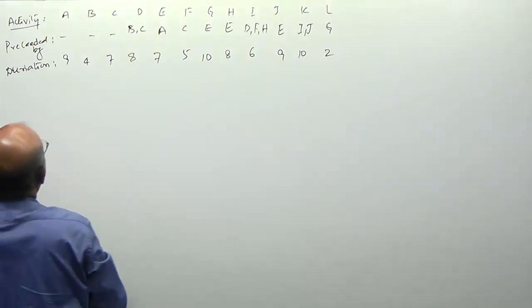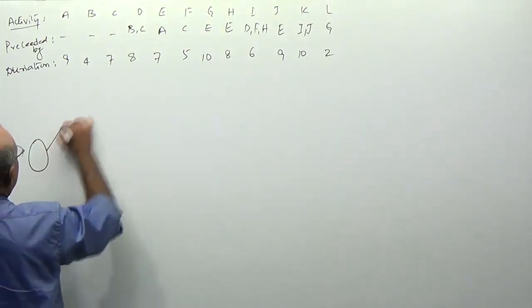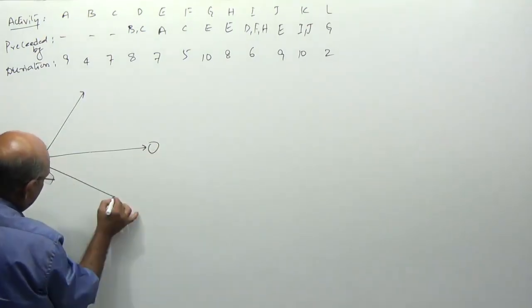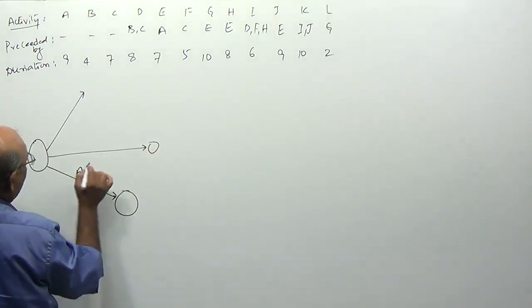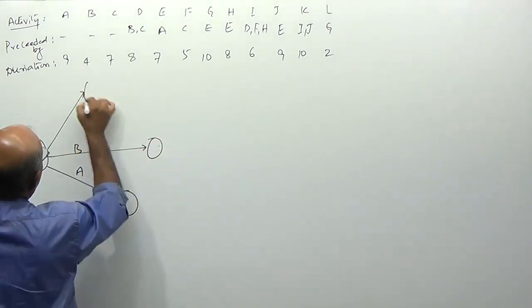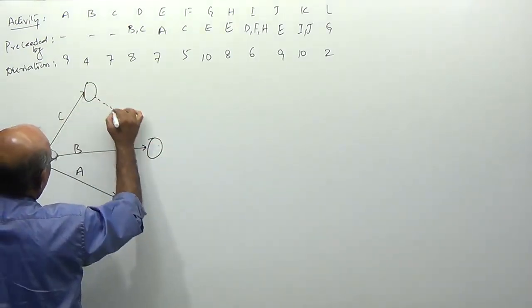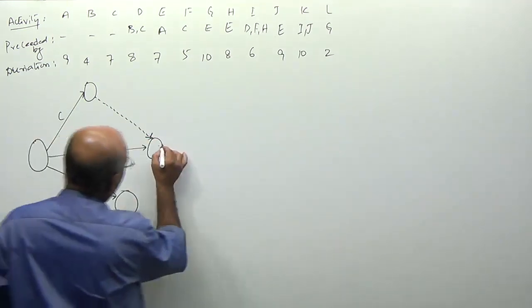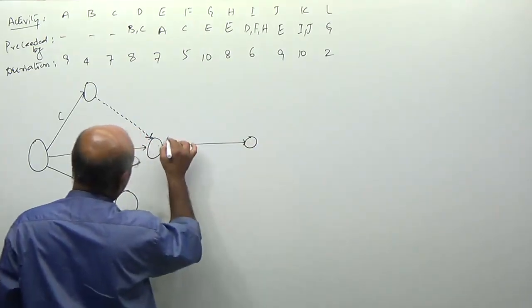Look at this. This is activity A, this is activity B, this is activity C. A and C I am joining here. Activity D will come here.